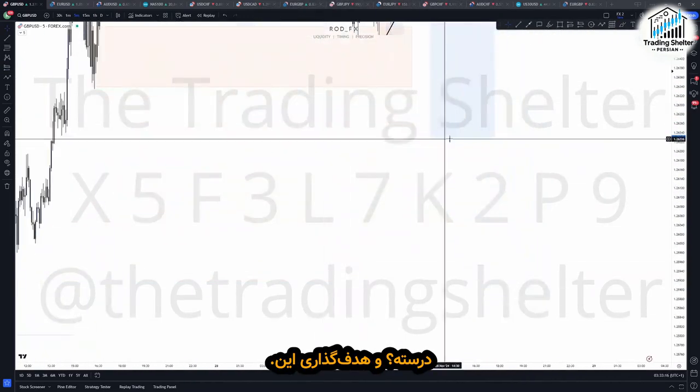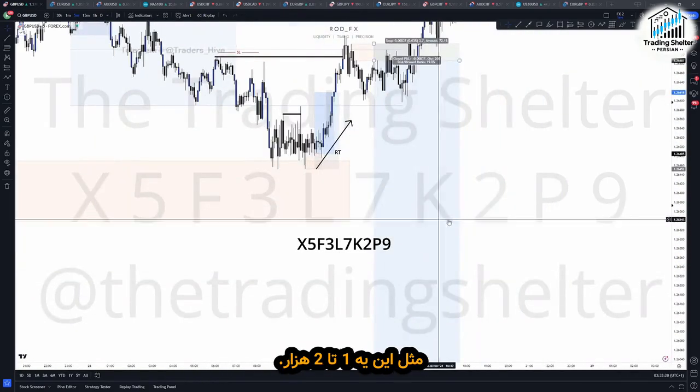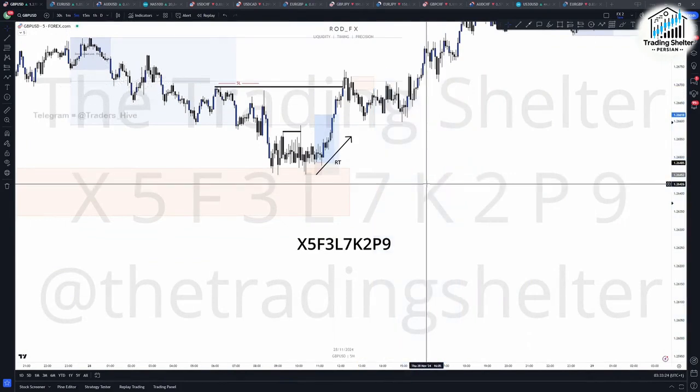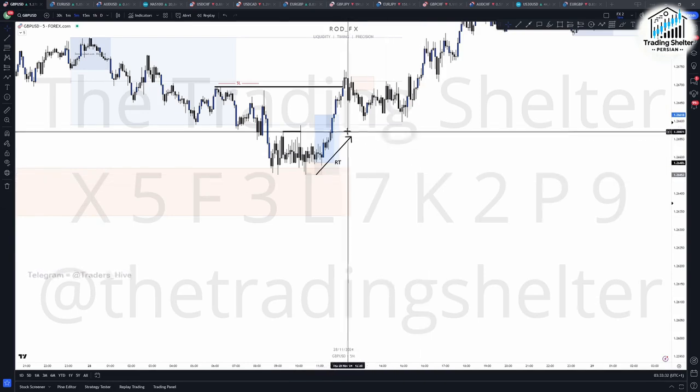And targeting this, like this is a 1 to 2,000. Understanding intraday play and intraday liquidity with probable targets.